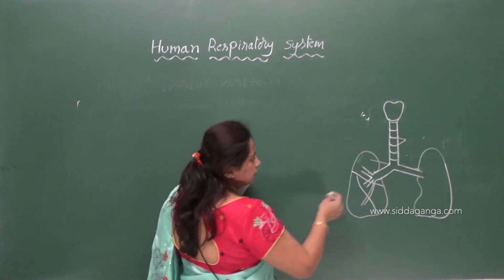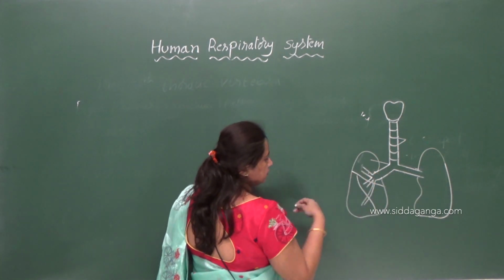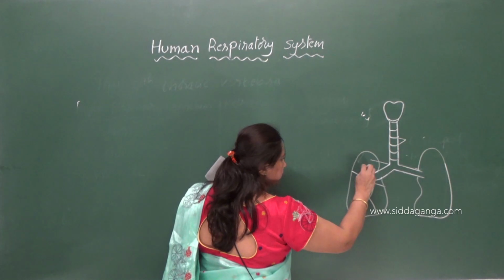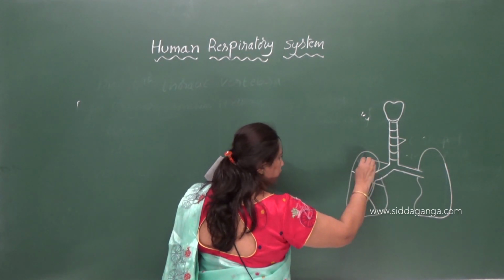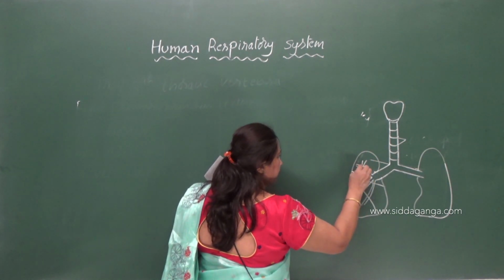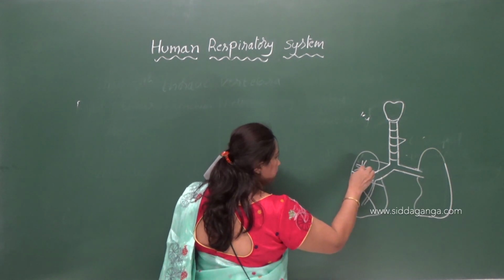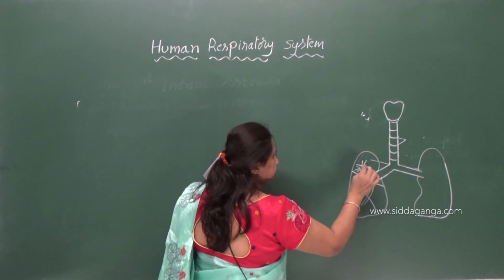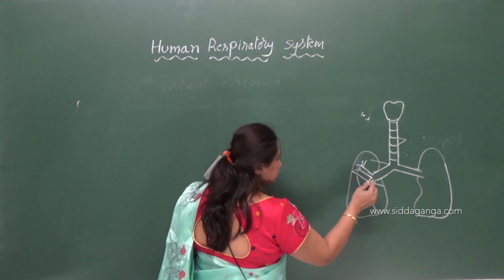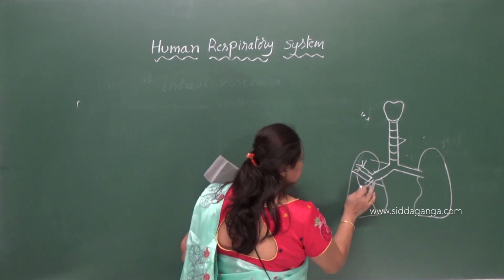Later on, the secondary bronchi divide further to form tertiary bronchi.